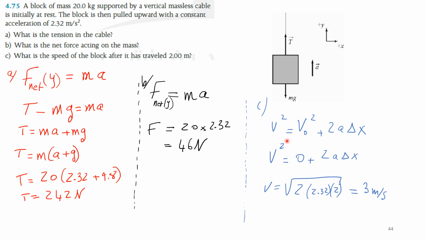We have the displacement of 2 meters, so v final, the one they are asking for, equals v initial, which is considered 0, plus 2a delta x. The acceleration is already given as 2.32 meters per second squared. So the velocity of the system after moving 2 meters is 3 meters per second.